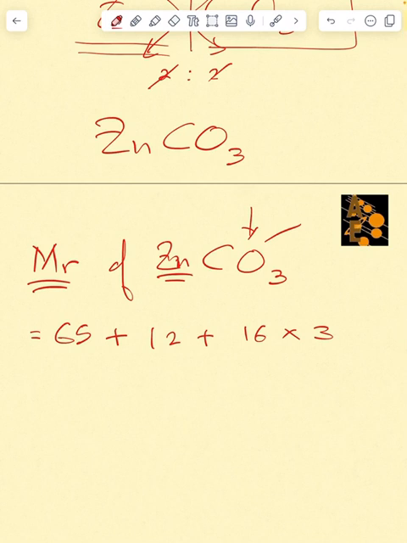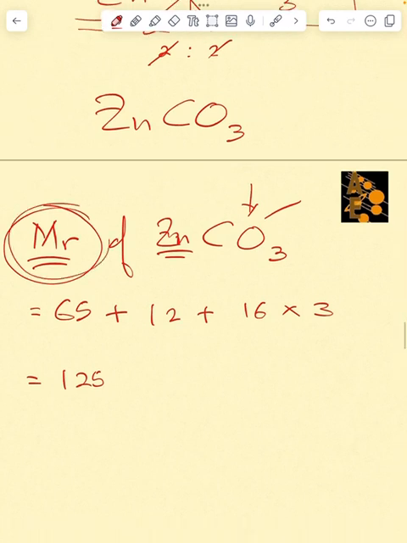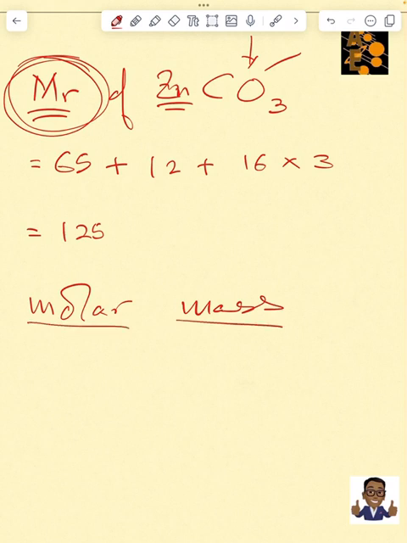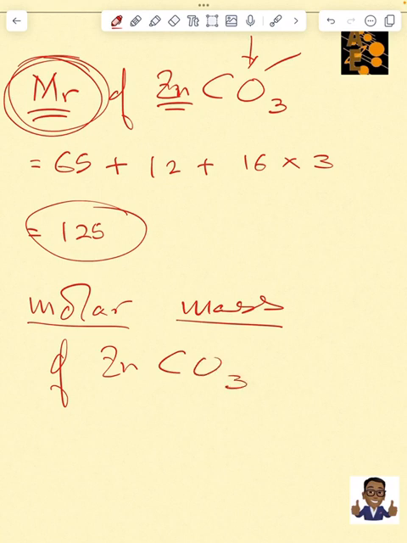And relative molecular mass does not have unit, but molar mass, since the word molar mass has mass and has mole, that's why it's molar mass. So Mr of 125, so the molar mass of your zinc carbonate is 125 gram per mole.